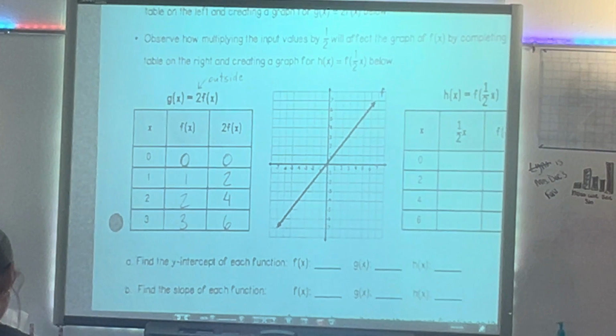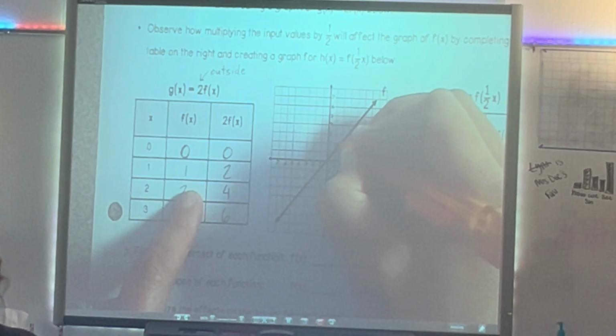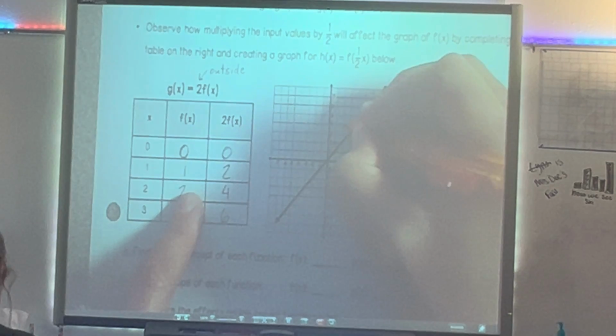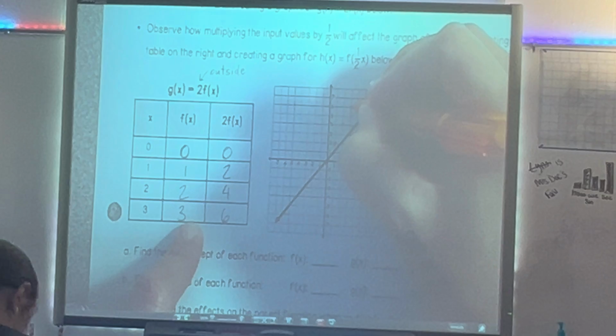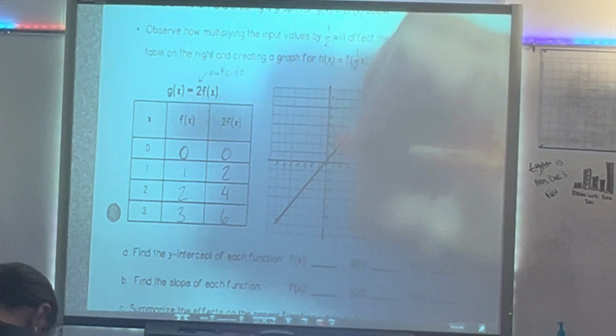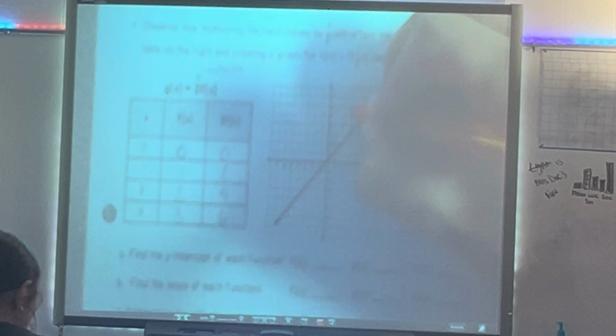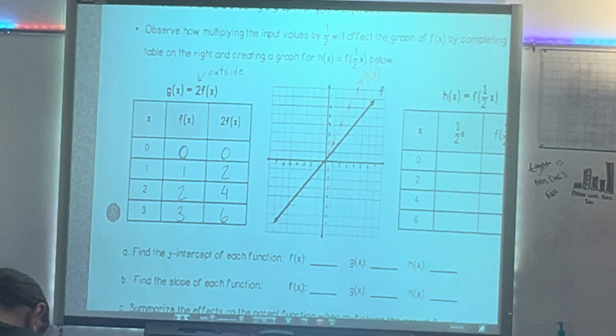This is going to be my g of x, so I'm still at 0, 0, I'm at 1 and 2, I'm at 2 and 4, and I'm at 3 and 6. Where would I be at 4? 8. And 8 up here, okay? So, there is g of x, and again, I only did the top part of it, I'm not doing the whole graph. Alright, that gives us enough to be able to see what we've got, okay?